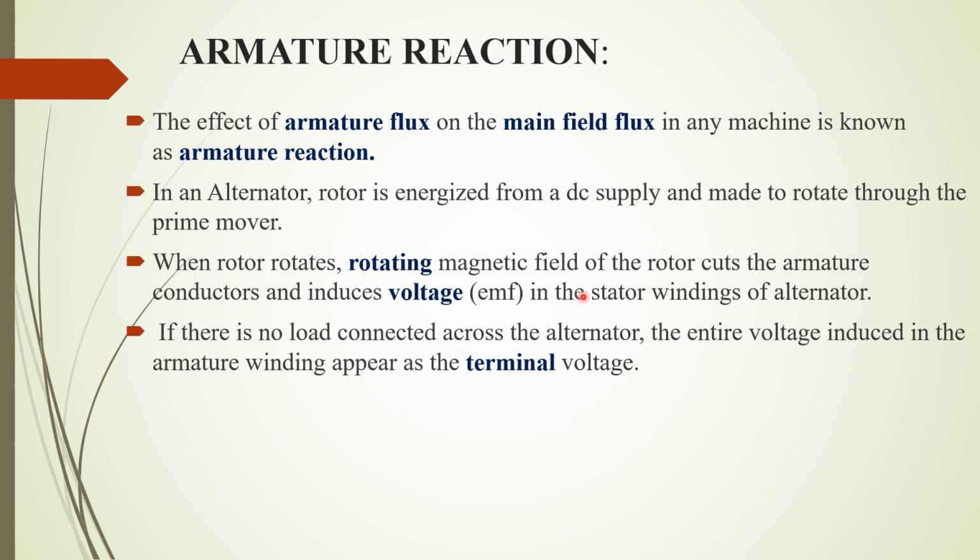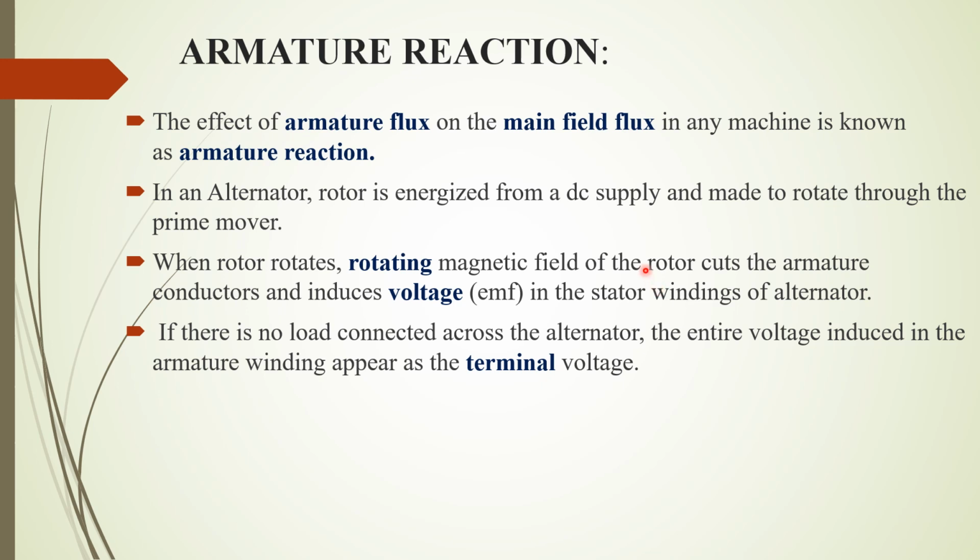When we excite the field with this DC source and rotate the rotor with the prime mover, a rotating magnetic field is set up around the rotor. This rotating magnetic field cuts the armature conductor, so EMF is induced in the armature conductor.